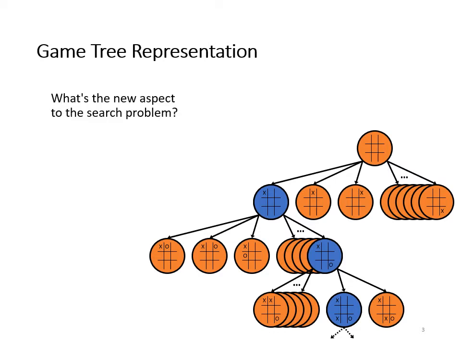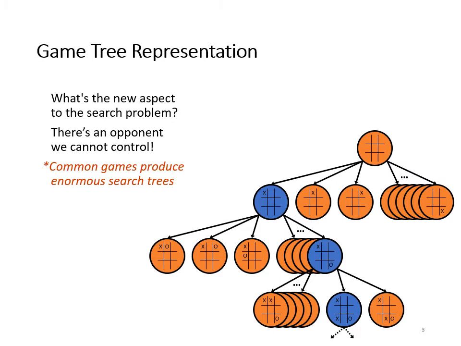So what is the new aspect to the search problem? There is an opponent we cannot control, because it depends on the opponent's move. This can produce an enormous search process.